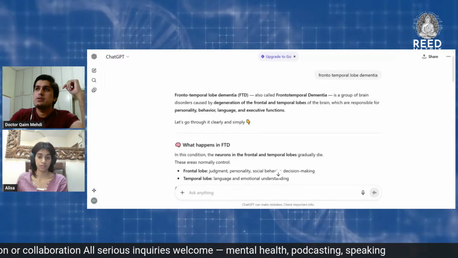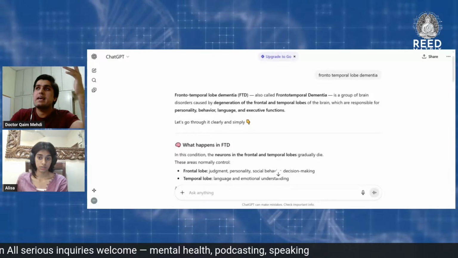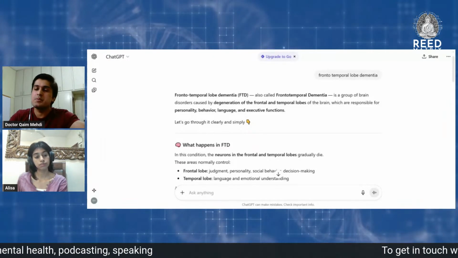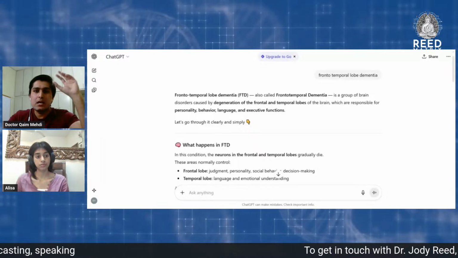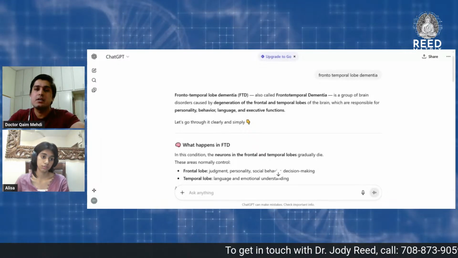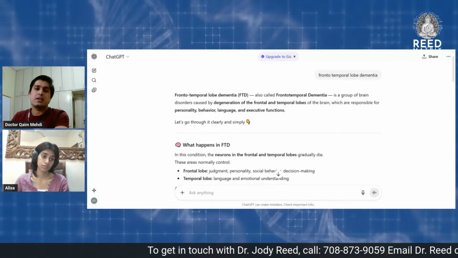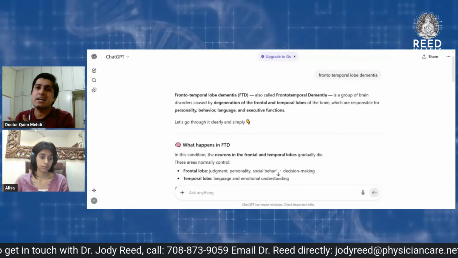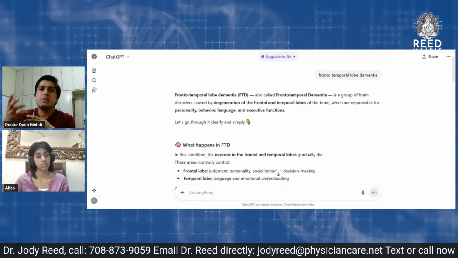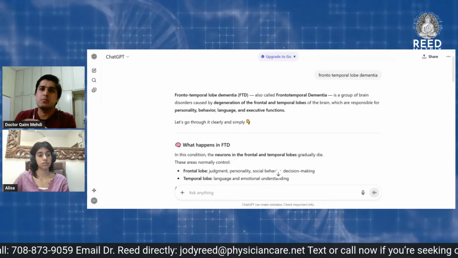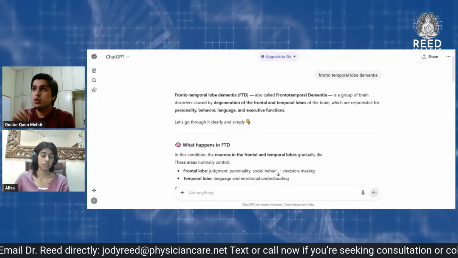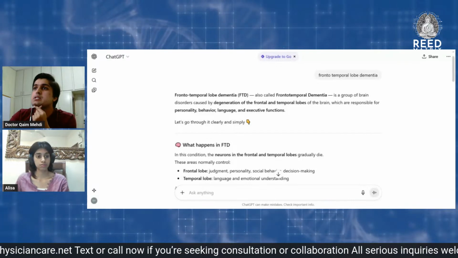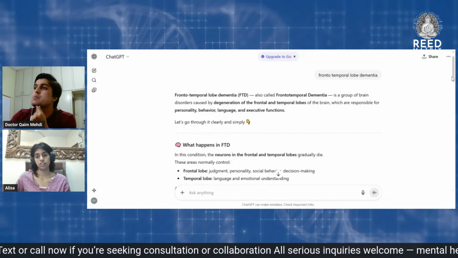So when any kind of damage happens to these regions, due to any genetic cause or some other reasons like trauma, these functions are affected, like language comprehension, emotional intelligence, cognitive abilities, problem solving, thinking abilities. But to talk about it in detail, we'll just see what ChatGPT has to say about it.